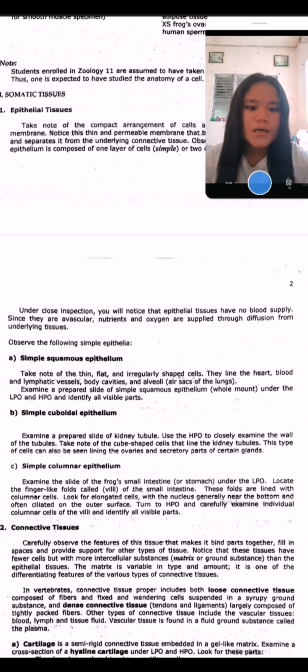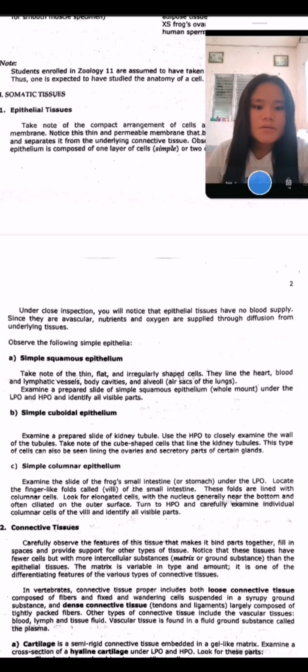Take note of the cube-shaped cells that line the kidney tubules. This type of cell can also be seen lining the ovaries and secretory parts of certain glands.